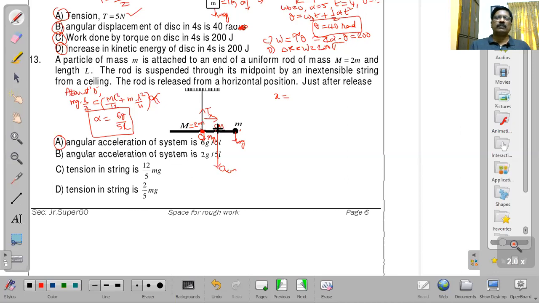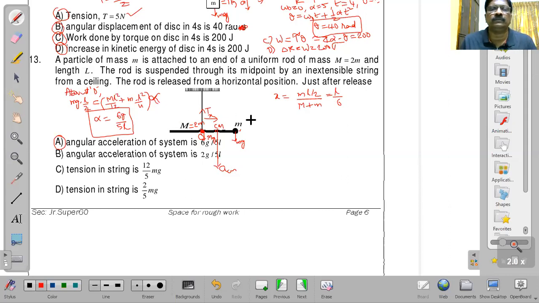The center of mass lies at a distance x equal to small m times the total distance L by 2, divided by m1 plus m2, that means capital M plus small m. When you simplify, you will get L by 6. So x is equal to L by 6.